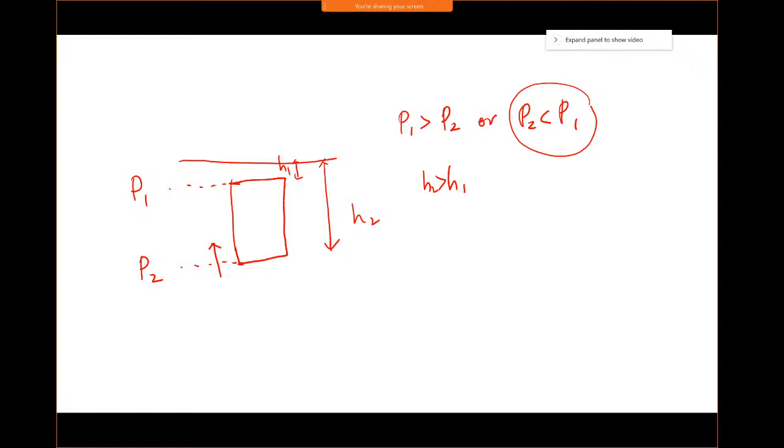So that's why your buoyant force is contributed by this. So buoyant force is always going upwards, right?